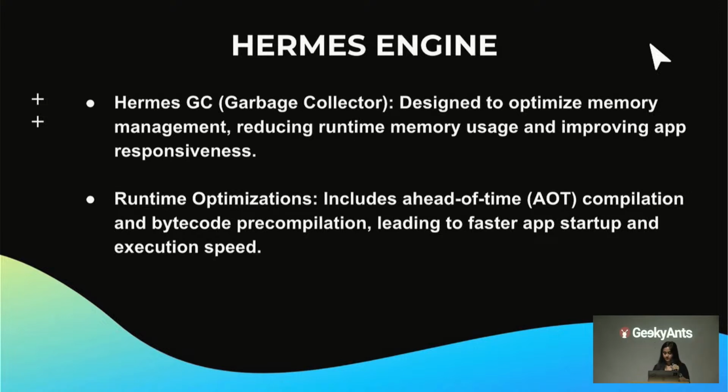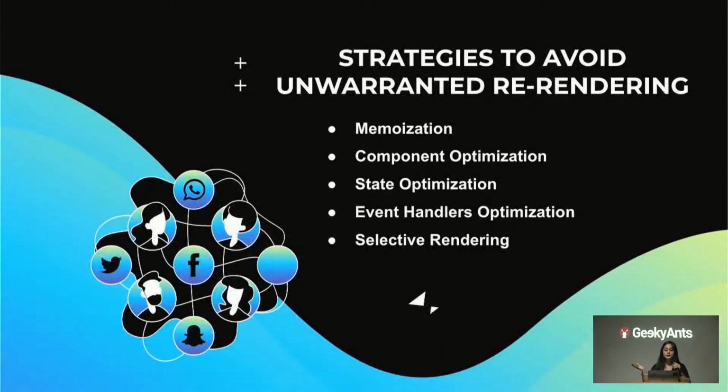So, what are the other strategies to reduce the unwarranted re-rendering? As this was all about reducing re-rendering, how else can we achieve it apart from these topics? There would be memoization. Now, memoization is using React.memo, useMemo hooks to memoize expensive computation or prevent the re-renders whenever the component's dependencies remain unchanged, right?